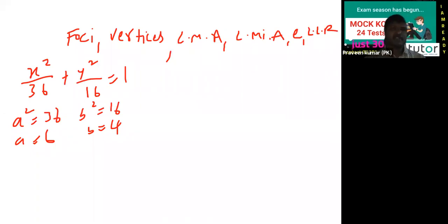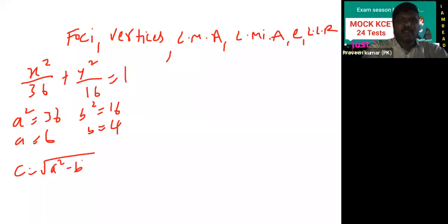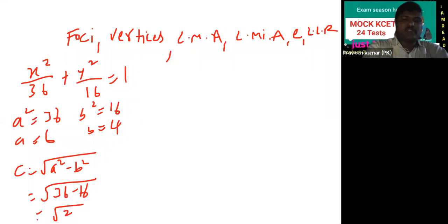You need to find the c value, no? C is root of a square minus b square, root of 36 minus 16, root 20. Root 20 means can I write 2 root 5? 4 fives are 20, no?